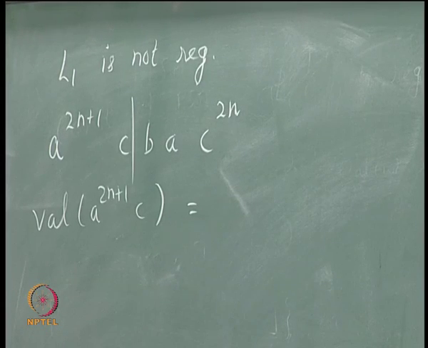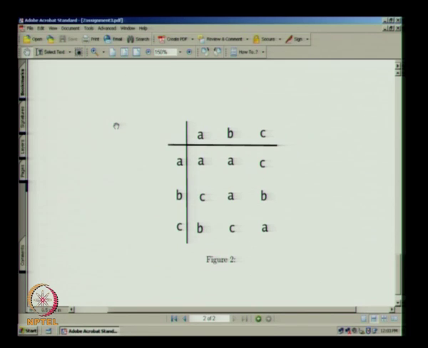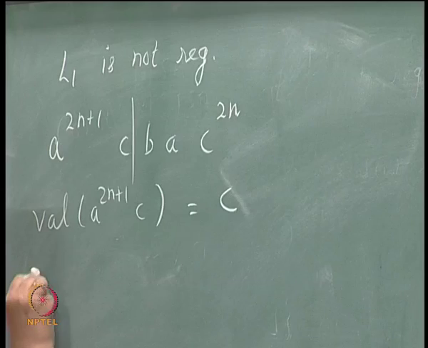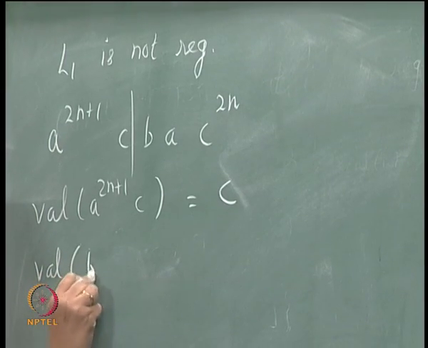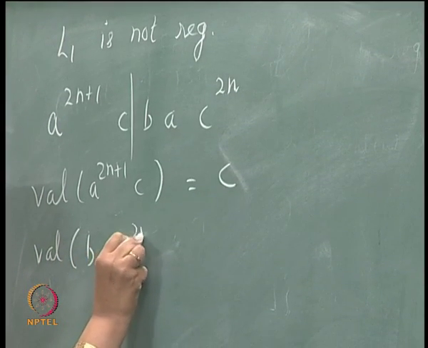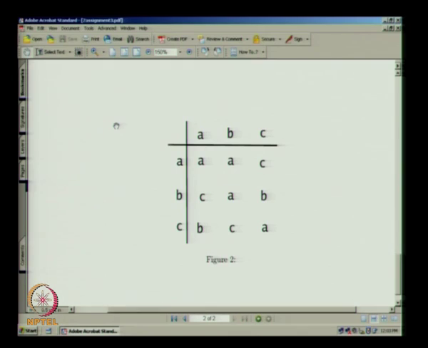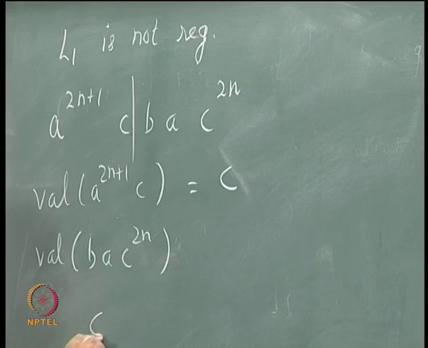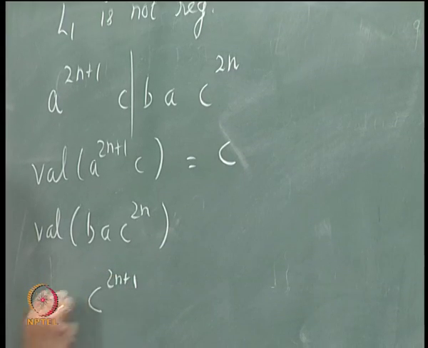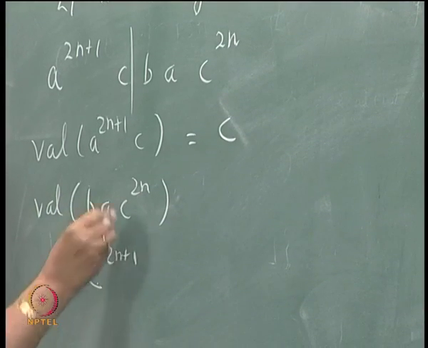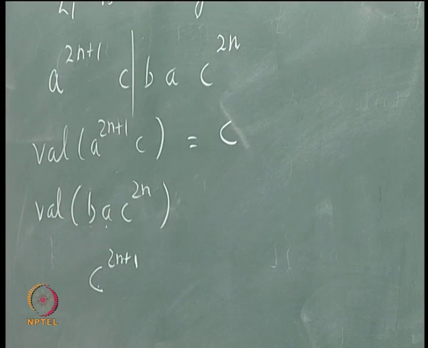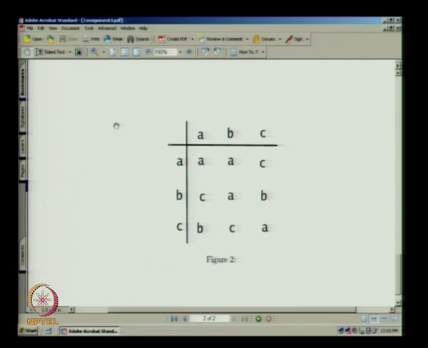A will give you only A, AC will give you, let me have the table, what will AC? C. What is the value of BA C power 2n? BA is C, so this is C power 2n plus 1, BA is C, so you get C power 2n plus 1. What is CC?